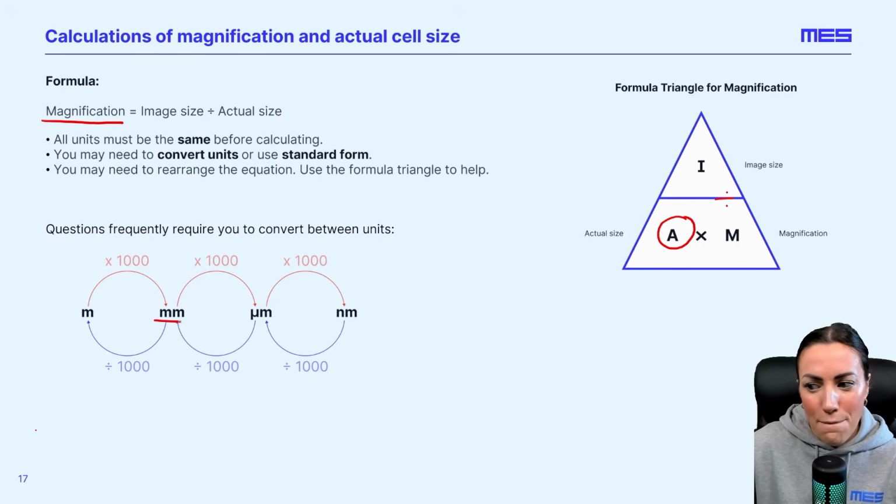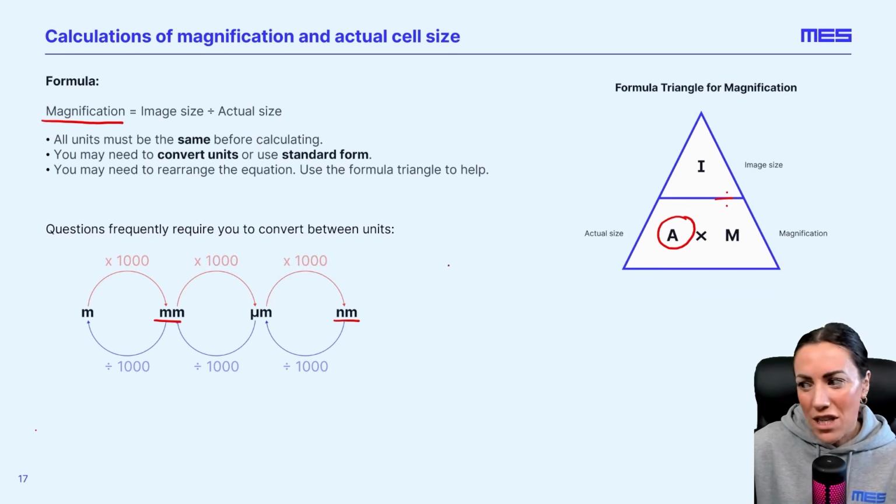If you had to go from millimeters all the way to nanometers, you could do it in 2 steps, so times by 1,000 and times by 1,000, or just add those conversions together and times by 1,000,000. Obviously, if you're going back the other way, it would be divide by 1,000.